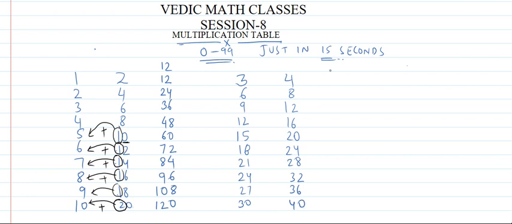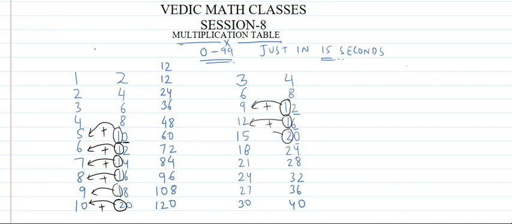The fundamental remains the same. I only need the unit digits. So what will happen with the tens digit? All these tens digits I will add to the next number. For example, this 1 I will add to 9. Likewise, this 1 I will add to 12.